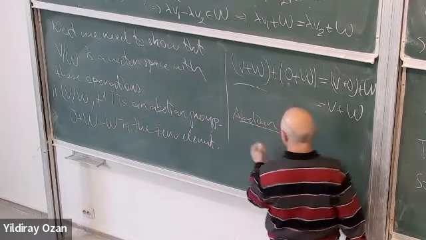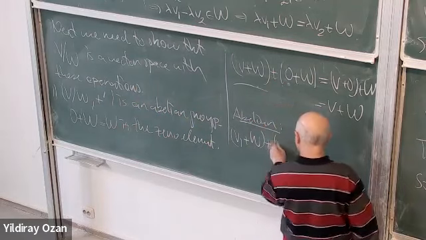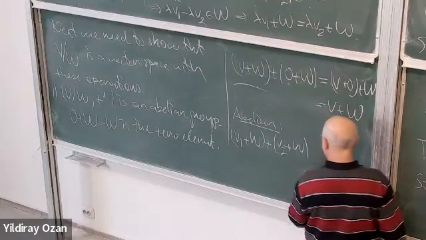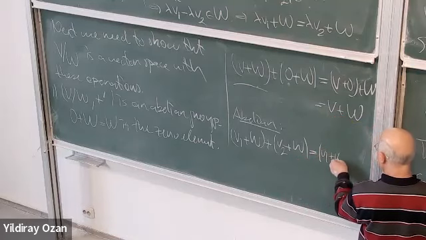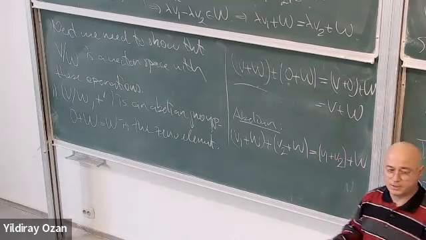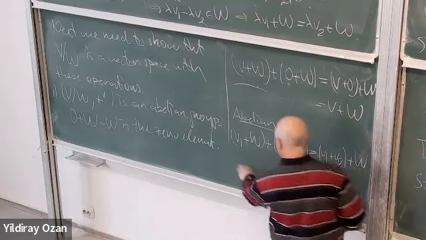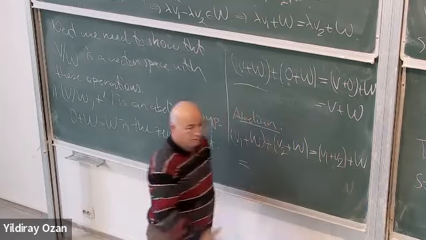Commutativity. Well, V1 plus W plus V2 plus W. What is this? This is by definition V1 plus V2 plus W, right? I take representatives, but this addition is in V and V is an abelian group.